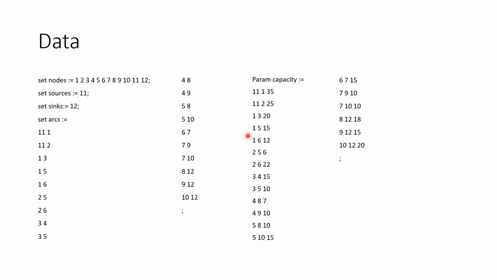We define the data, where we define the set of nodes and the set of source and sink. Out of these nodes, the source is 11 and the sink is 12. In the set of arcs, one arc goes from 11 to 1, which is from the source to reservoir 1, and then source to reservoir 2. Then from reservoir 1 to node 3, reservoir 1 to node 5, and reservoir 1 to node 6.